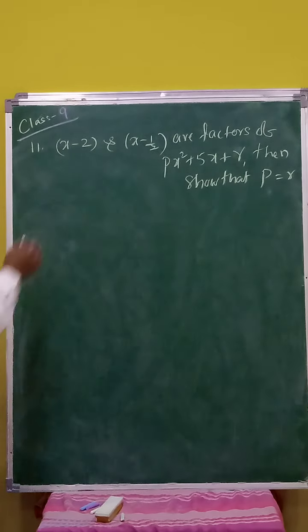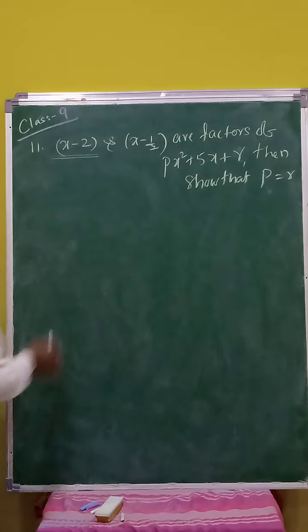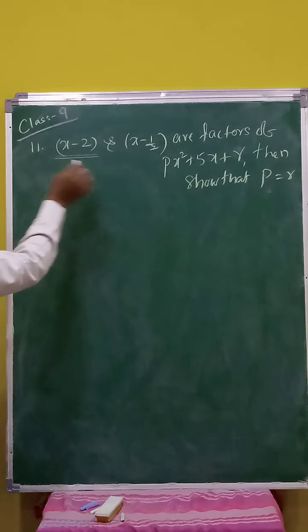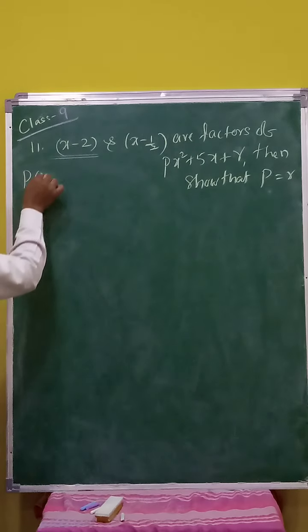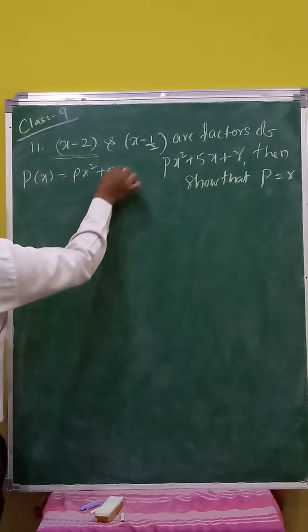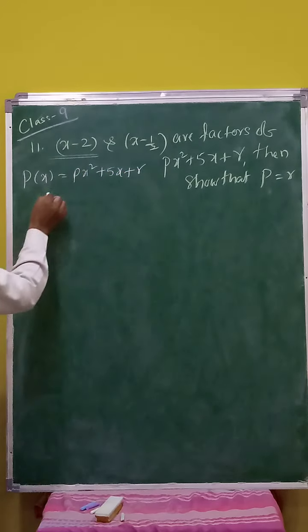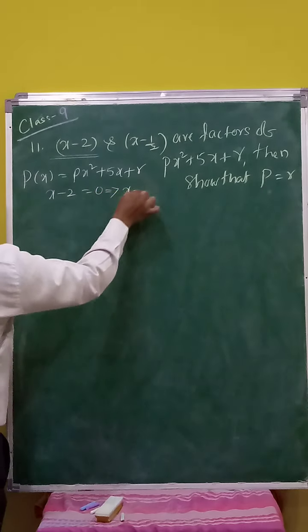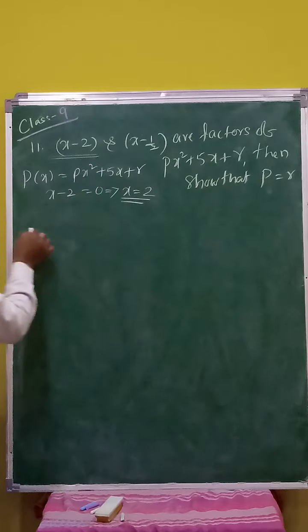Now we will go for the first one. X minus 2 is a factor of the given polynomial. I am assuming p of x is equal to px square plus 5x plus r. X minus 2 is a factor, so x minus 2 is equal to 0, then x is equal to 2. Apply this in the first one.